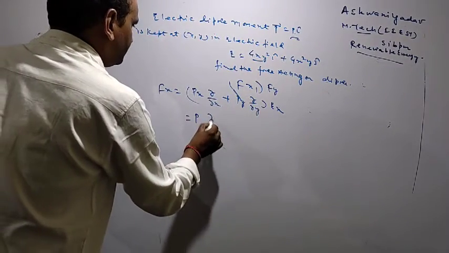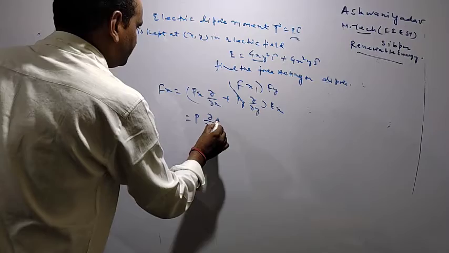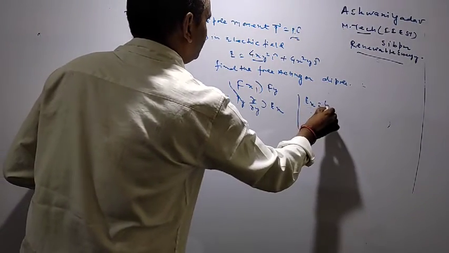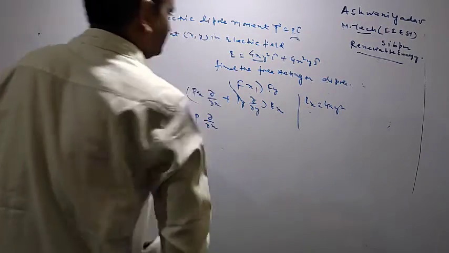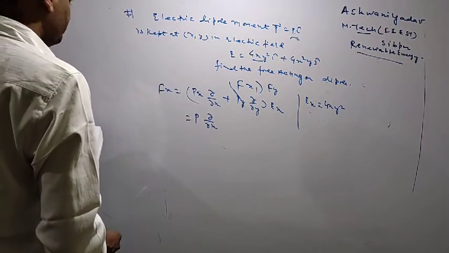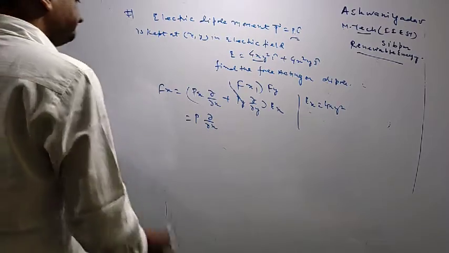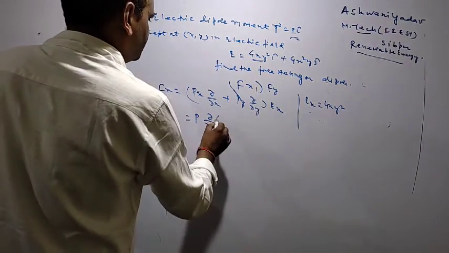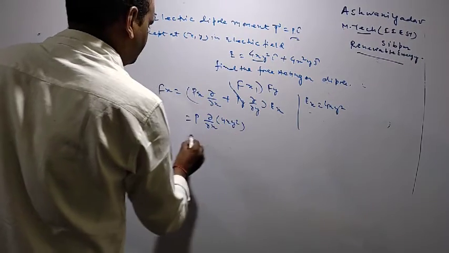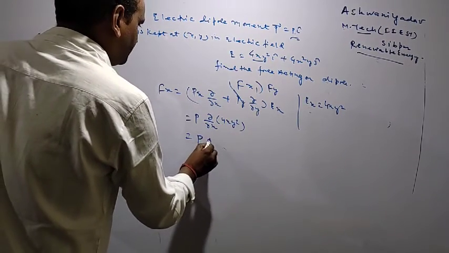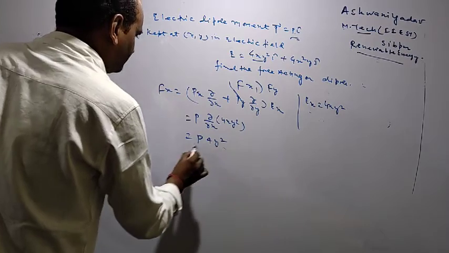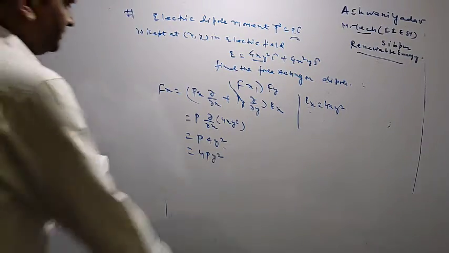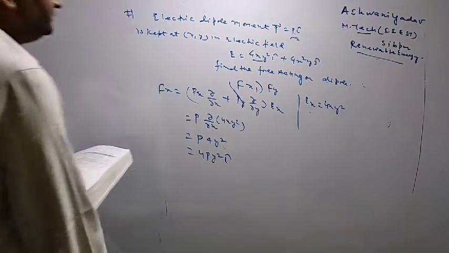That is p del by del x, and Ex is 4x y square. So we have p into 4y square. This is the force in i.